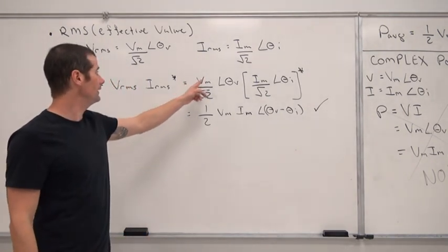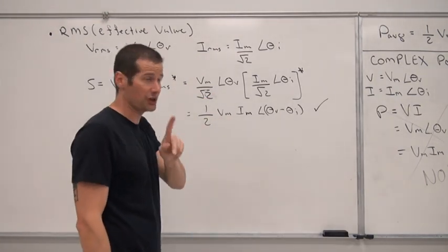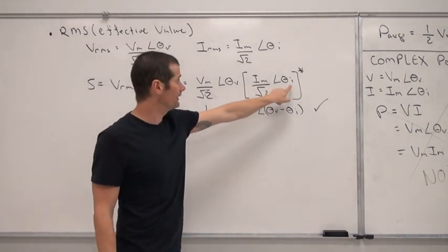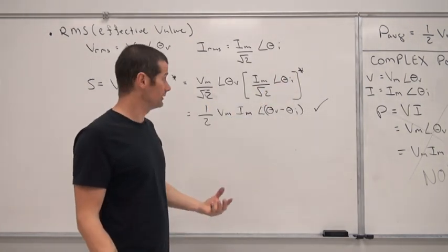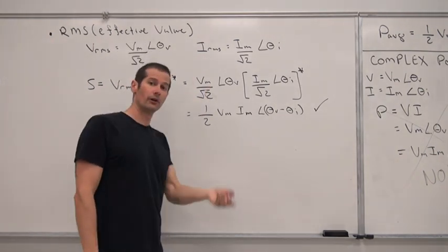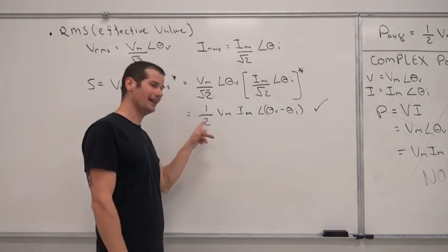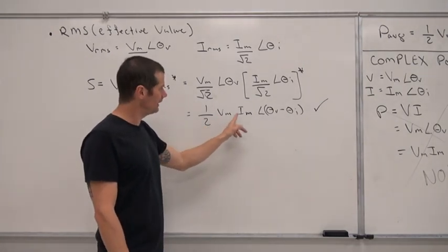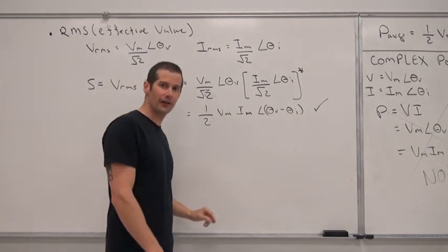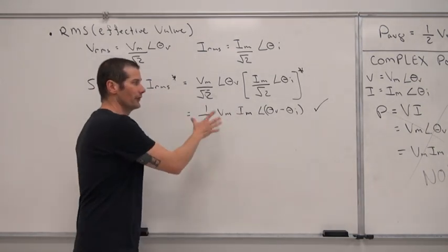If we take Vm over the square root of 2 at an angle of theta V and multiply it by the conjugate of Im over the square root of 2 at an angle of theta I, or negative theta I, then when we pull out 1 over the square root of 2 multiplied by 1 over the square root of 2, we get 1/2 times Vm Im at an angle of theta V minus theta I.